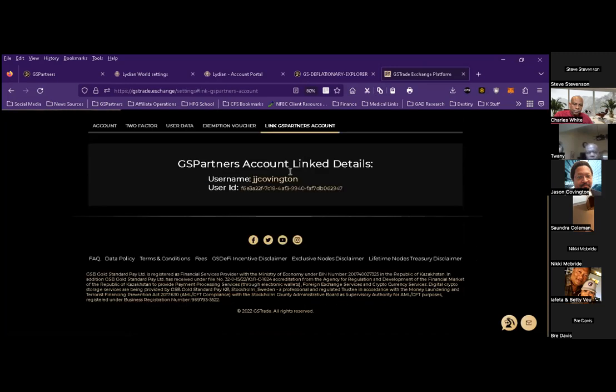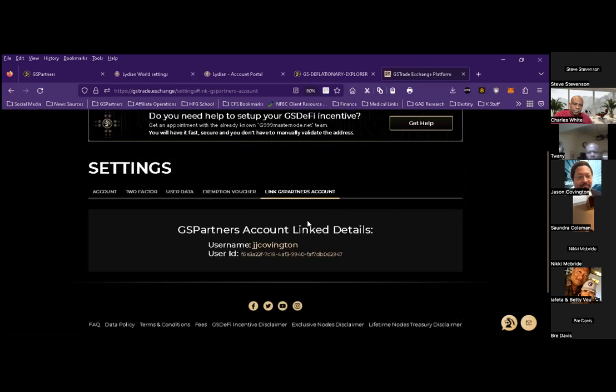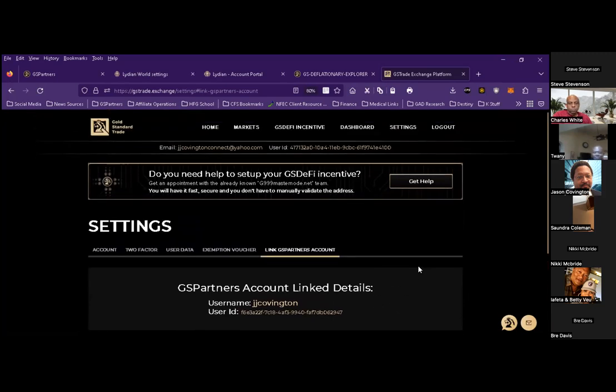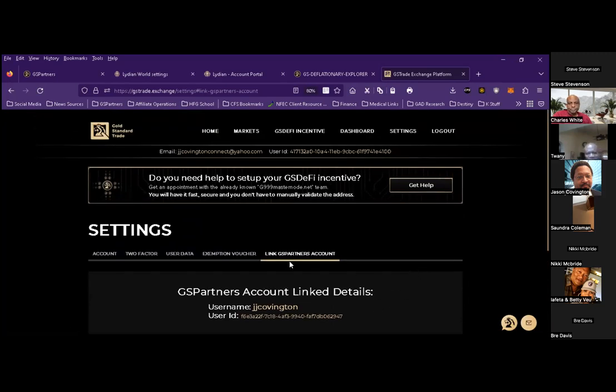And the last thing is to link your GS Partners account. It's going to ask you to fill in some information, and then you'll be able to link your account from GS Trade to GS Partners. Once it's done, it simply shows what your username is and your user ID that corresponds in GS Trade to GS Partners. That's where you do it.